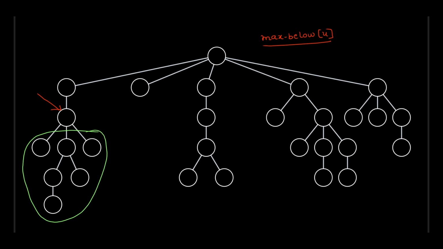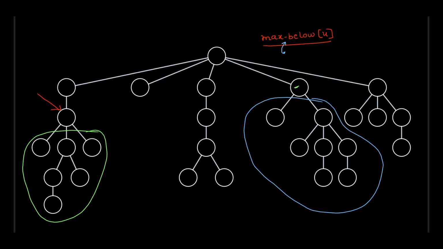Similarly, for this node, it would represent the maximum node value in this subtree. So this is the definition of max below of U.